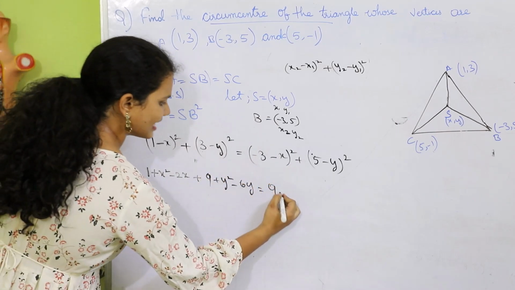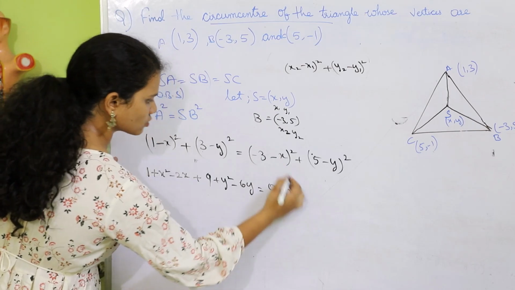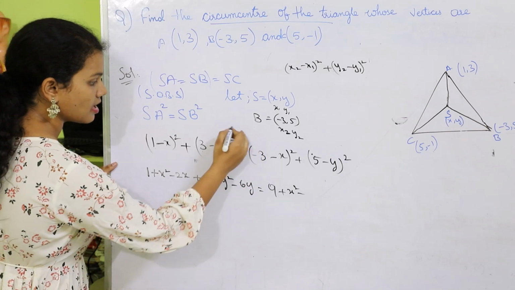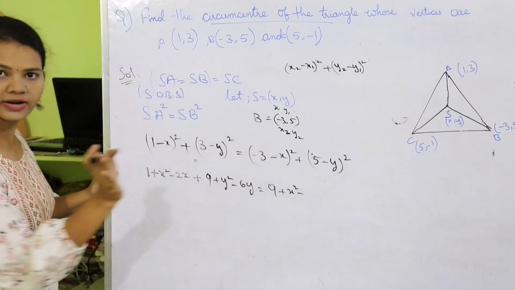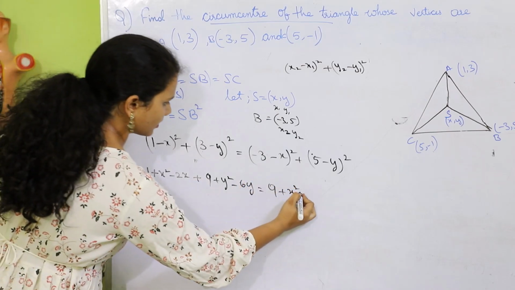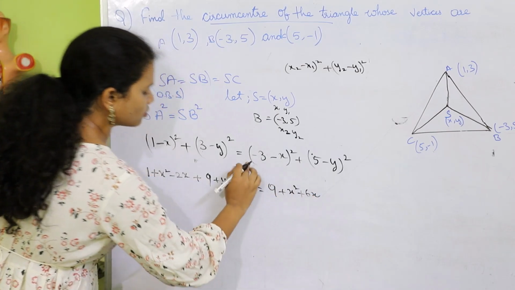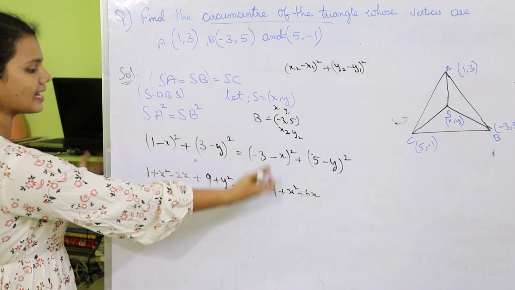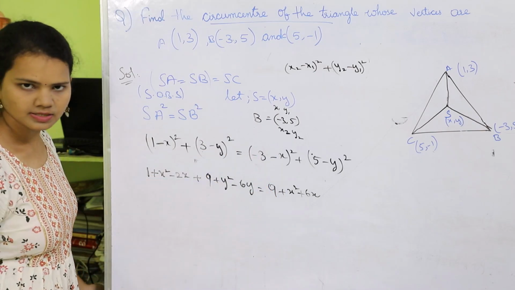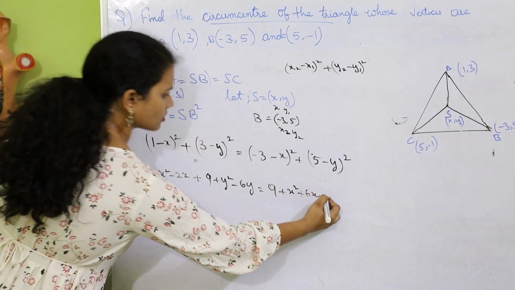Plus x square, and 2 into minus 3 into x is minus 6, so minus 6 into minus x gives plus 6x. Are you getting it?